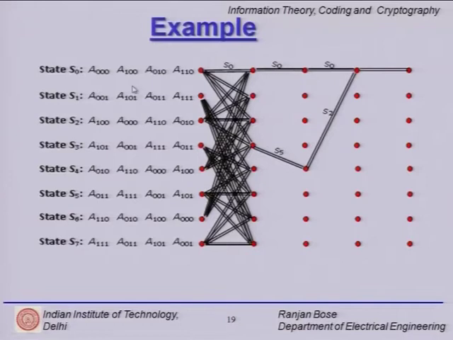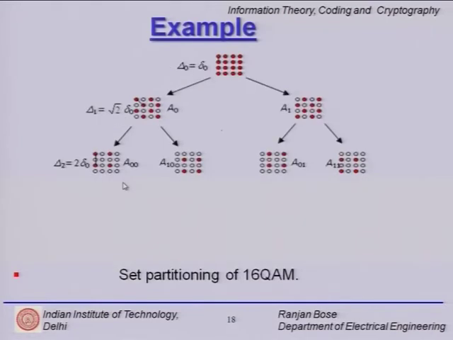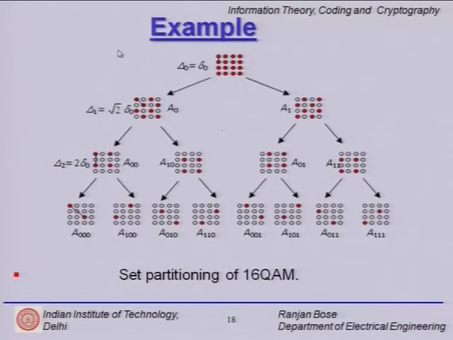So, here is the assignment of the symbols from the set partitioning tree that we just now saw. This is the tree, and this is what we mean by A0 and A1 as the subsets. This is A00, A10, A01 and A11. Similarly, these 8 subsets A000, A100 up to A111. So, we are going to assign the parallel transition from this lowest rung in the ladder.